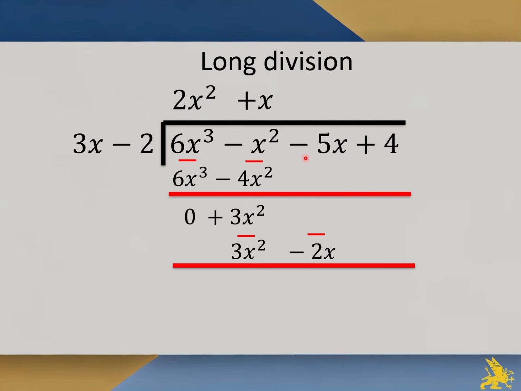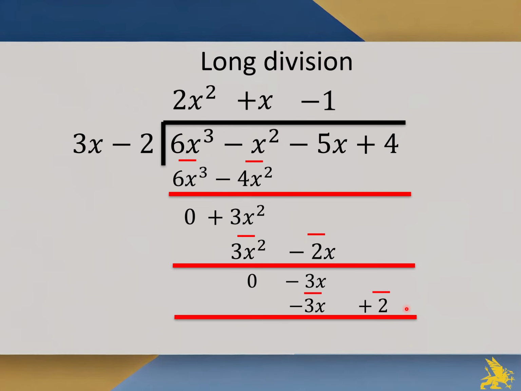So it's saying negative 5x plus 2x is negative 3x. I do the same thing. Negative 3x divided by 3x gives me negative 1. I go the opposite way. Negative 1 times 3x is negative 3x, and negative 1 times negative 2 is positive 2.